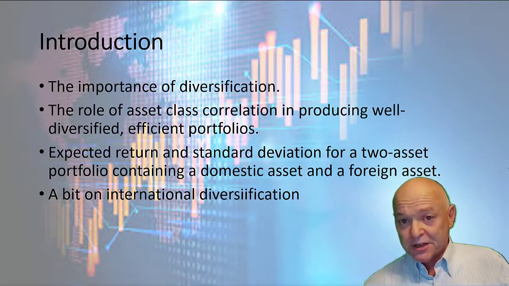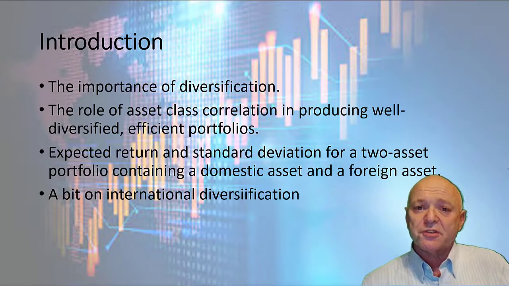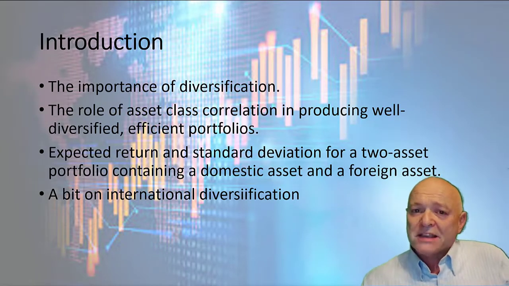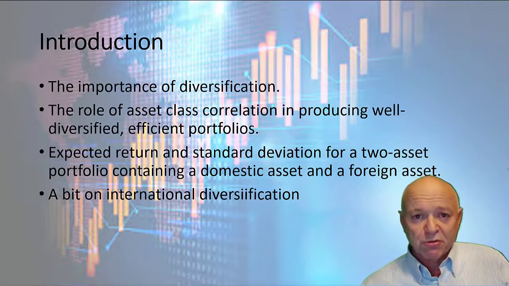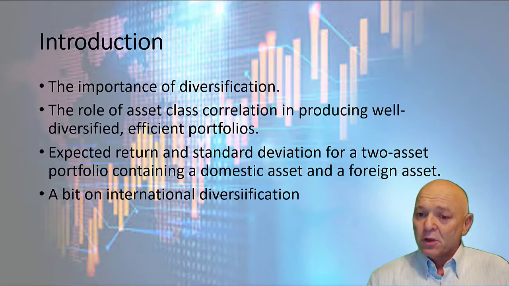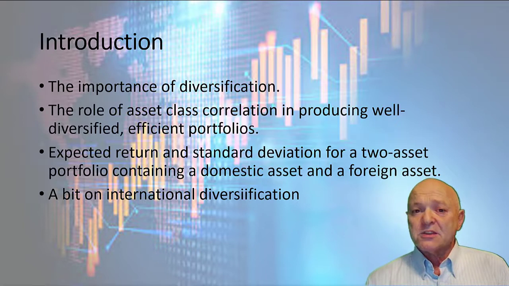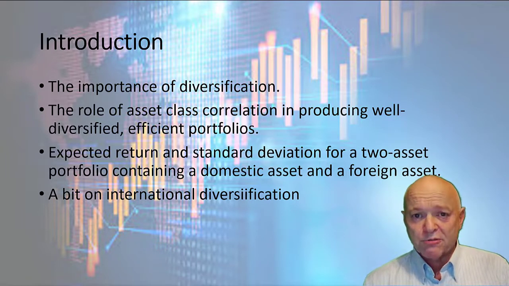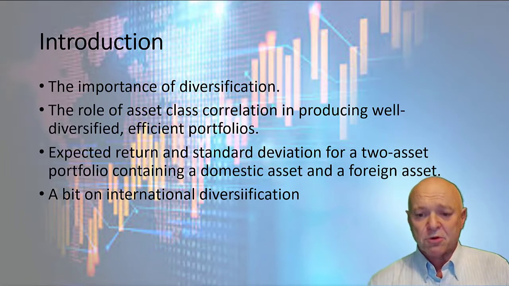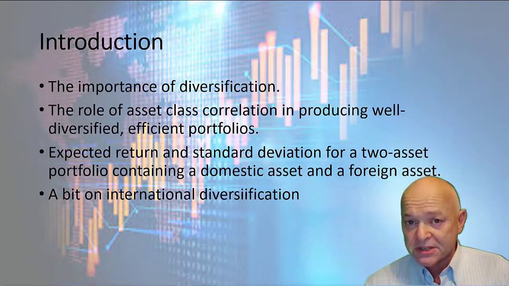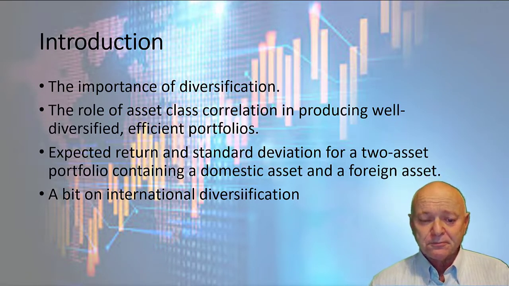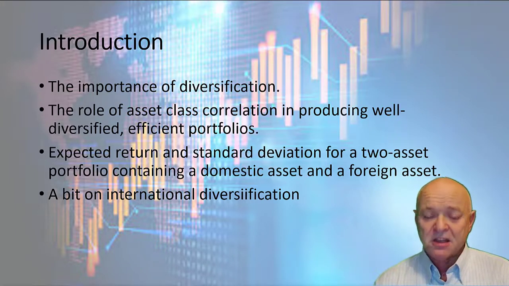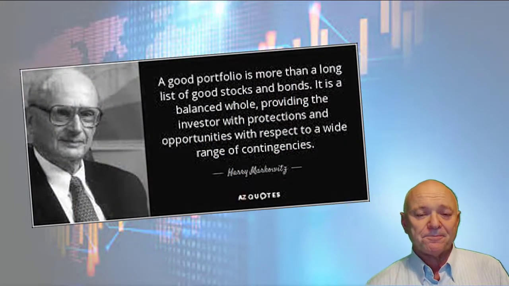In particular, we'll take a look at the importance of diversification, the role of asset class correlation in producing a well-diversified, efficient portfolio, and we'll also talk about the way that this works in a relatively simple two-asset portfolio, both for domestic assets and also for an international portfolio. And we'll talk a little bit about the benefits of international diversification.